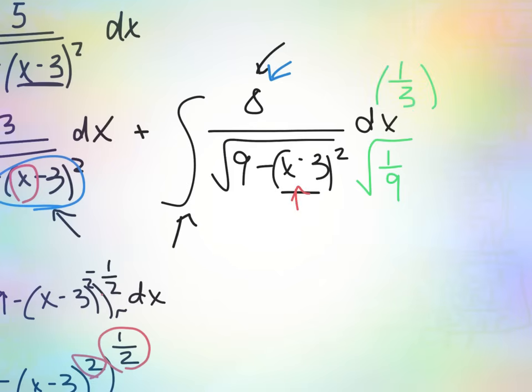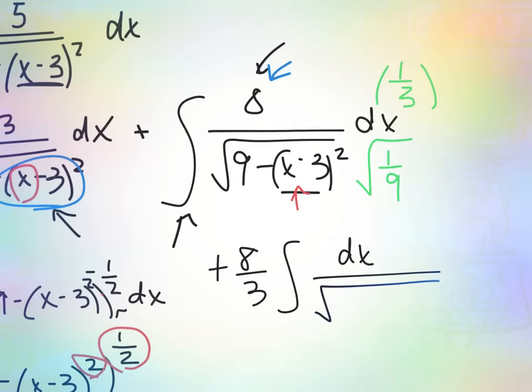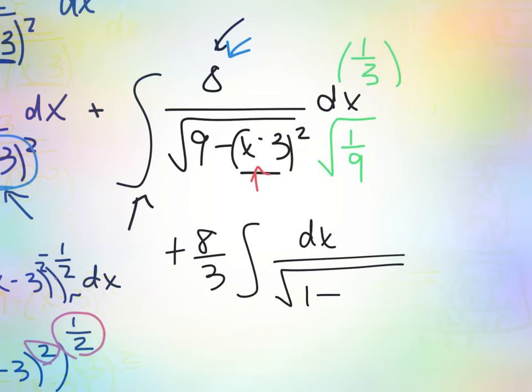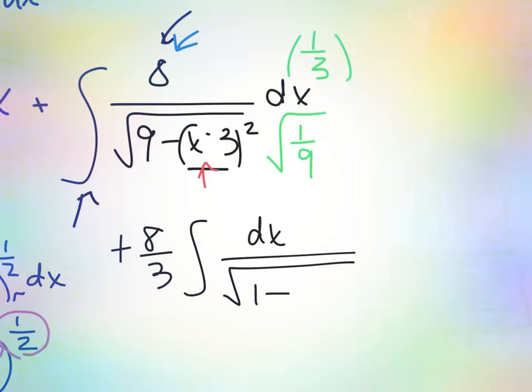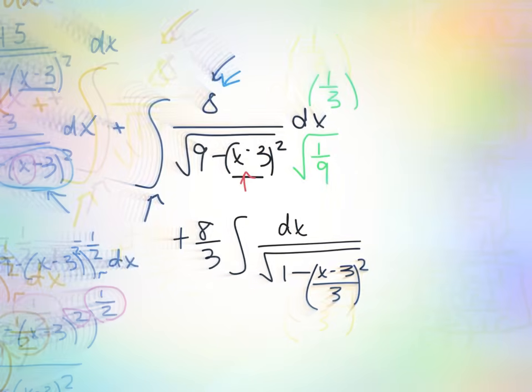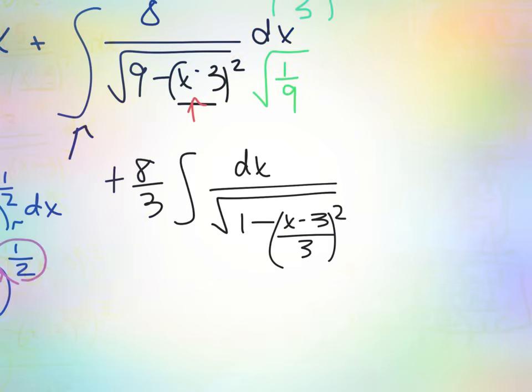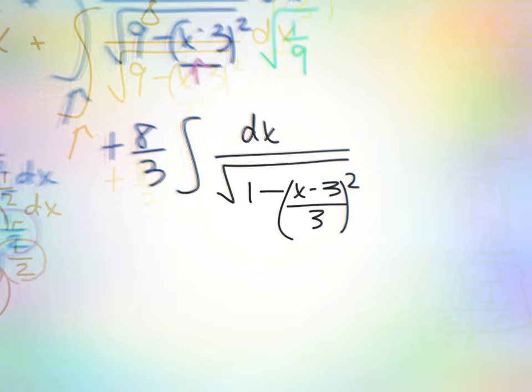So let's take out the 8 thirds, so that's going to be plus 8 thirds the integral dx over the square root of 1 minus, and then since we know that x minus 3 quantity squared over 9 is the same thing as x minus 3 over 3 squared, as we've been doing, because once you square it, the 3 becomes a 9. So we're going to leave it like that. And once again, if you see it right away, you don't have to do a substitution for u, but if you want to, you can do this.